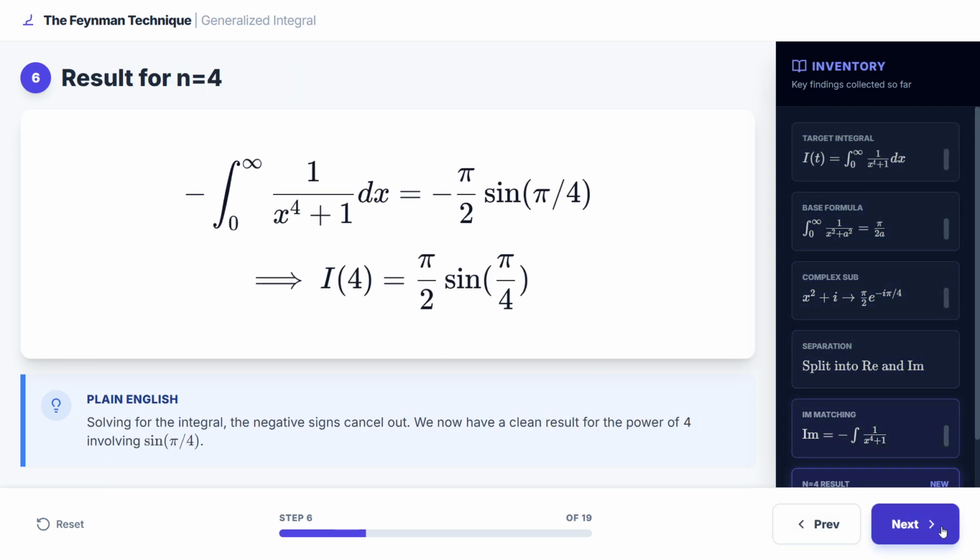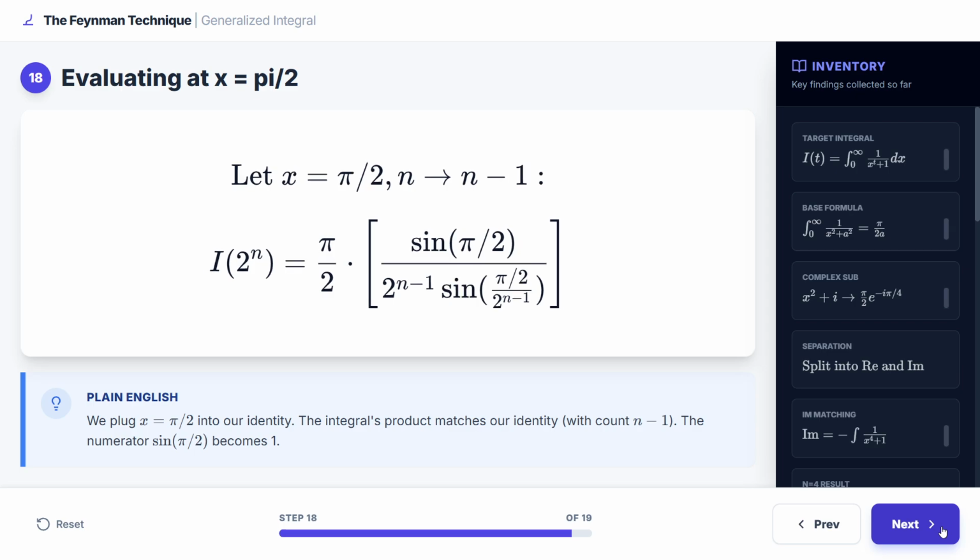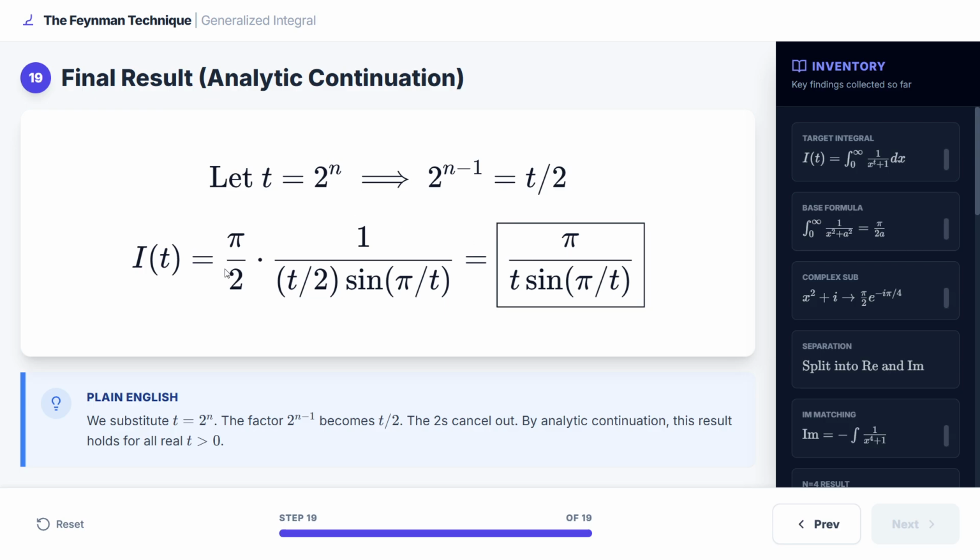Now, I'm not going to get into the details of why you can analytically continue that to any continuous t, but it works. You can just let t equal 2 to the n and replace it on both sides. And finally, we have our I sub t is equal to this.